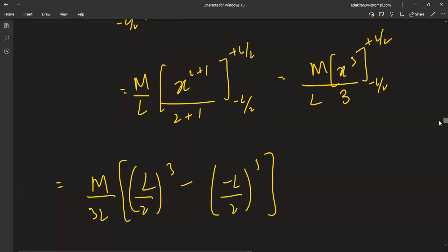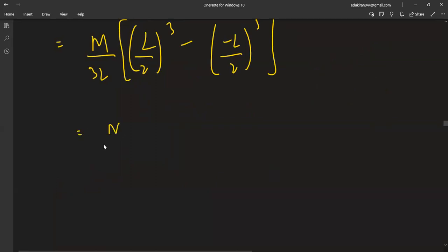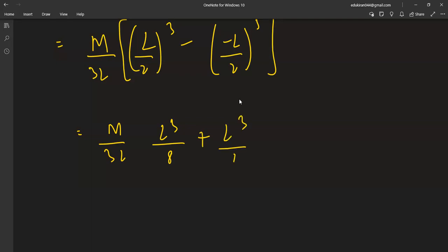So this is M by 3L. This becomes L cube by 8, minus into minus will become plus, so plus L cube by 8. Got it?